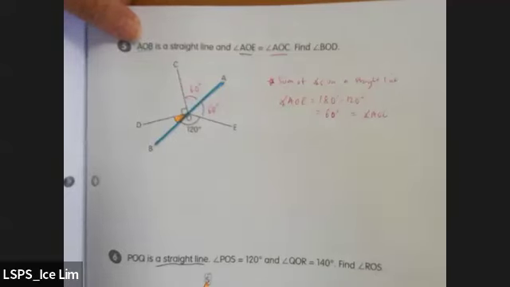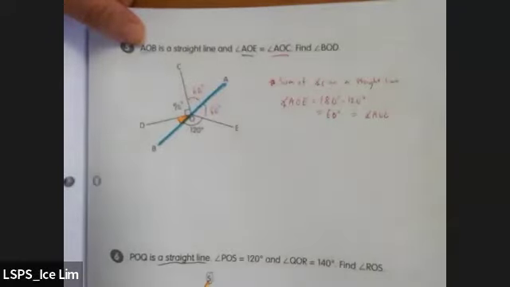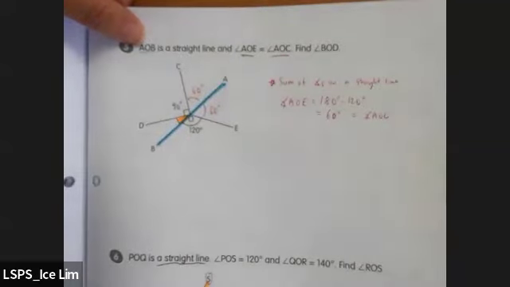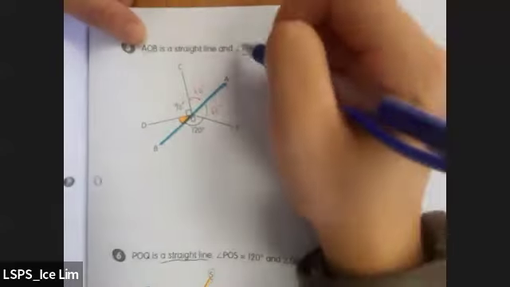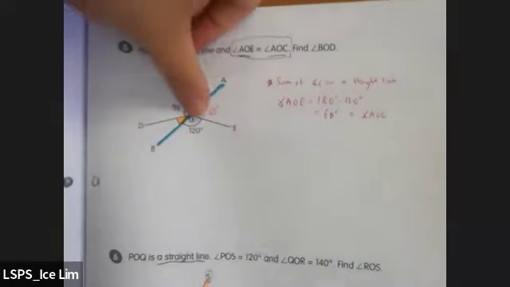How come he was able to do that? It was a shortcut. Because COD is a right angle, yes? He didn't even find 60 degrees here. But that was a risky assumption. This assumption is all right because it was already given to you that these two angles are the same.